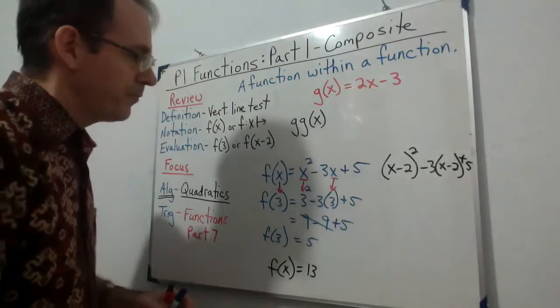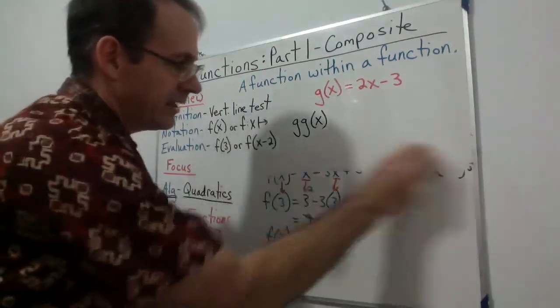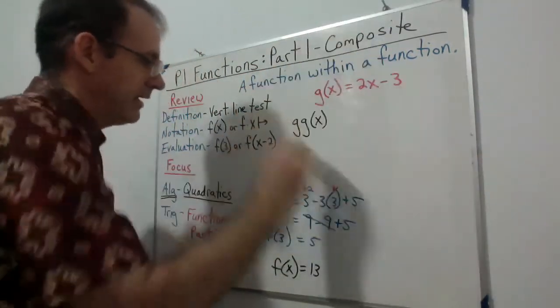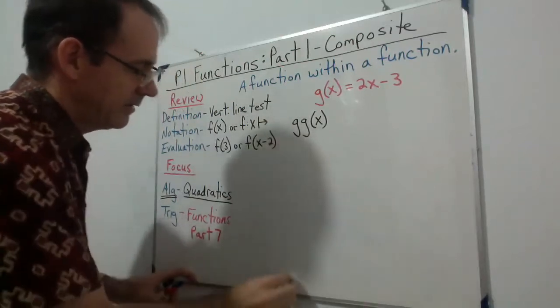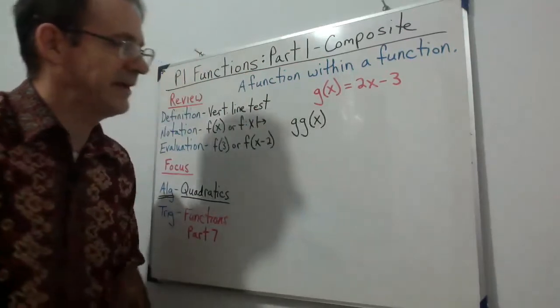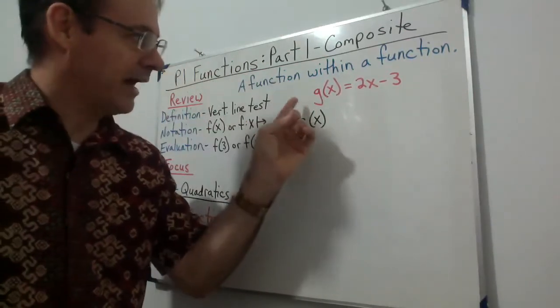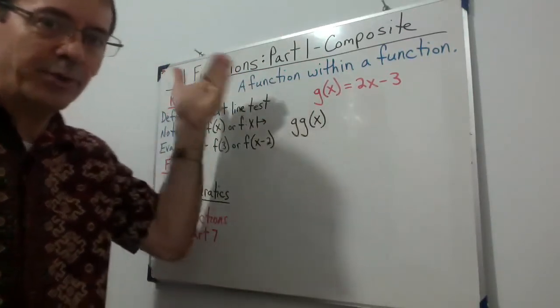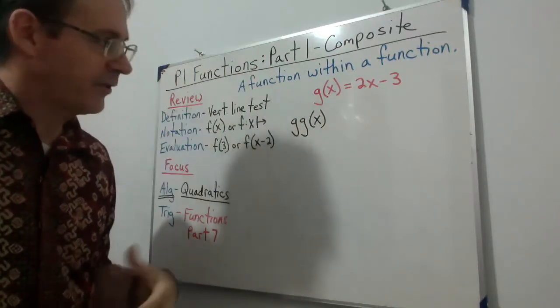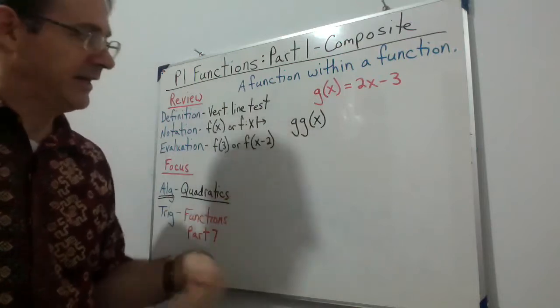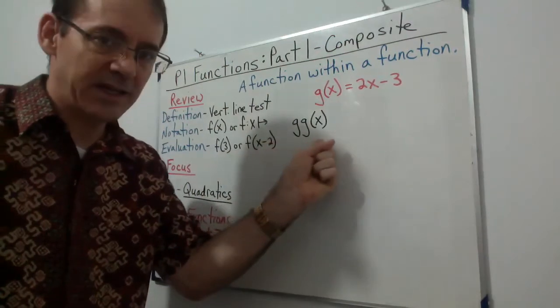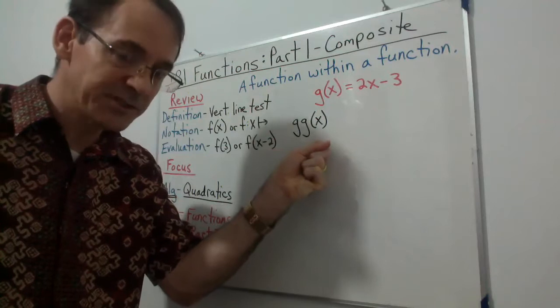Okay, so let me just get rid of this really quick, and we're going to focus right here on composite functions, and we'll go through some examples. Now, in this one, I put the g of x. I did not put up the f of x function. There is an f of x function in this particular problem, but it is not involved in the composite function part.